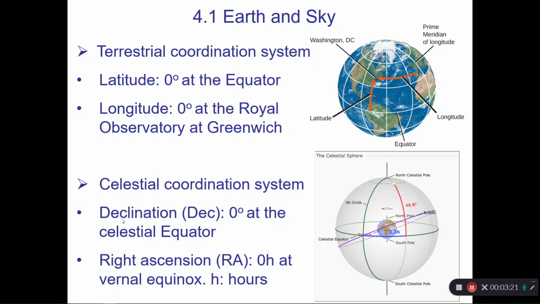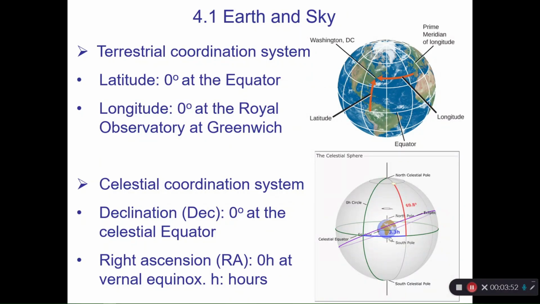We also have two coordinates to specifically describe the location of a star on the celestial sphere. The first one we call declination, which is very similar to latitude on the Earth. Declination 0 degrees is at the celestial equator. Remember, that is a line extended from Earth's equator to intersect with the celestial sphere.